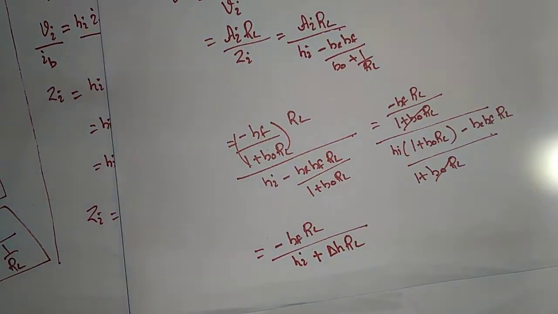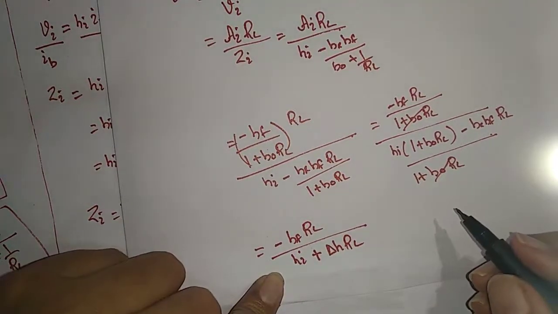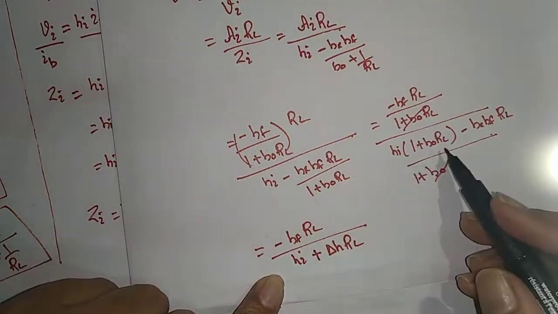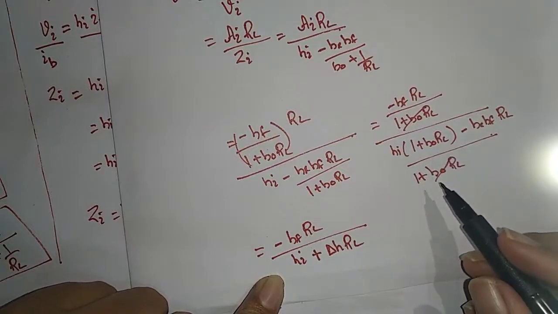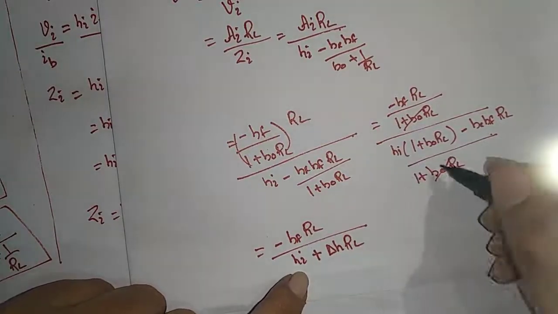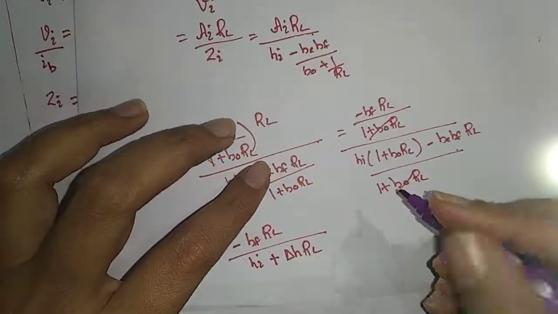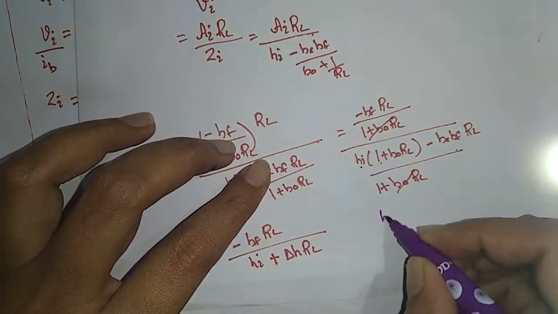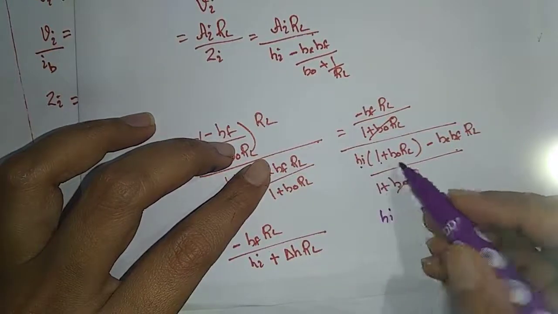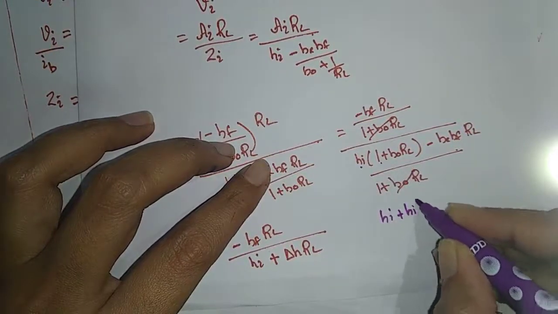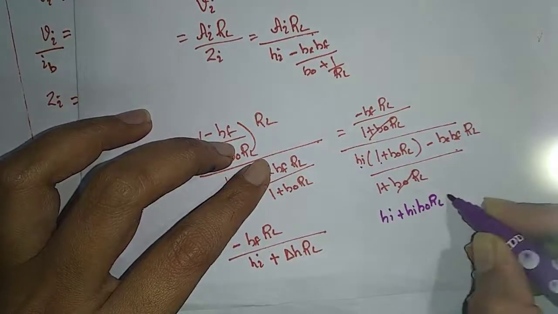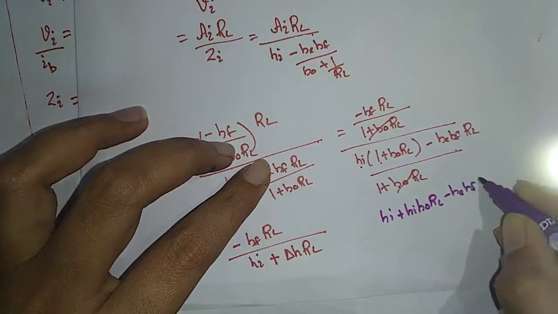So how do you know what is the equation for this delta H? Can you please tell me how you can simplify this? Hi into 1 is Hi, and Hi Ho RL minus Hr Hf RL.